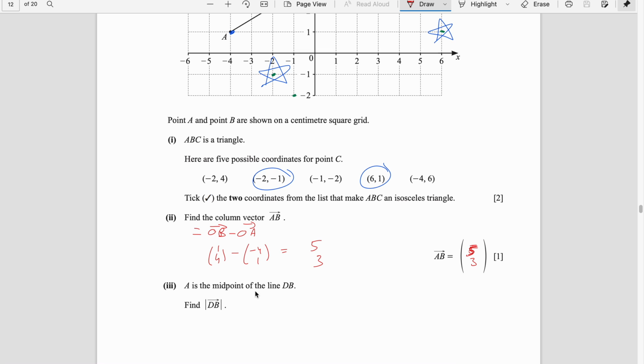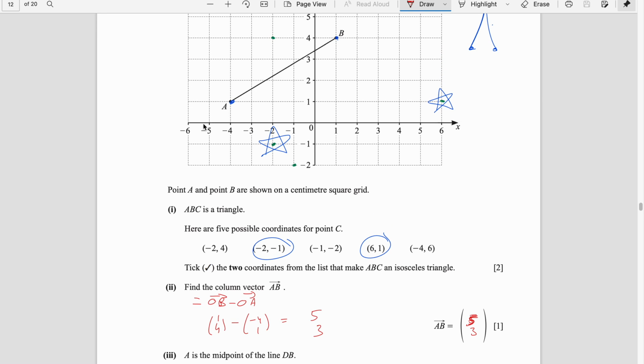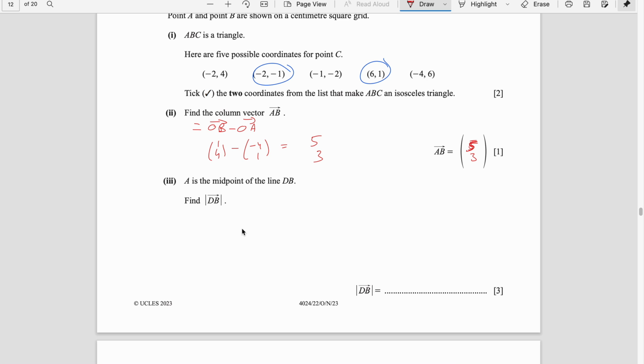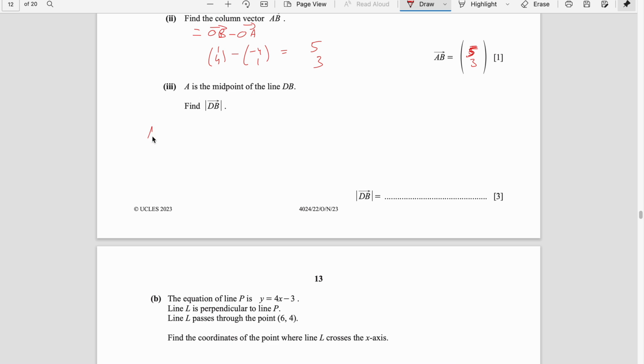Second says A is the midpoint of line DB. Find DB. So DB, if A is the midpoint, DB should be double of AB. So we have the coordinates of AB and we just read that this is 3 and 5. So I'm applying Pythagoras theorem on 3 and 5.